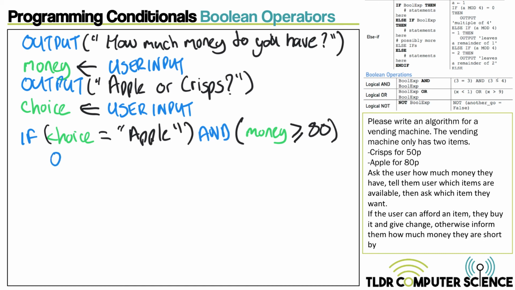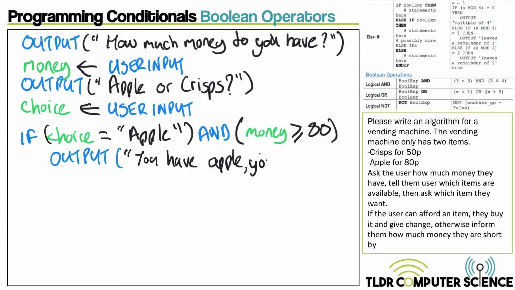So I can say output, and then maybe something like what you have apple. This is a bit crude. And it said I had to say how much change. So maybe I can say, let's see if I can actually fit this in here.